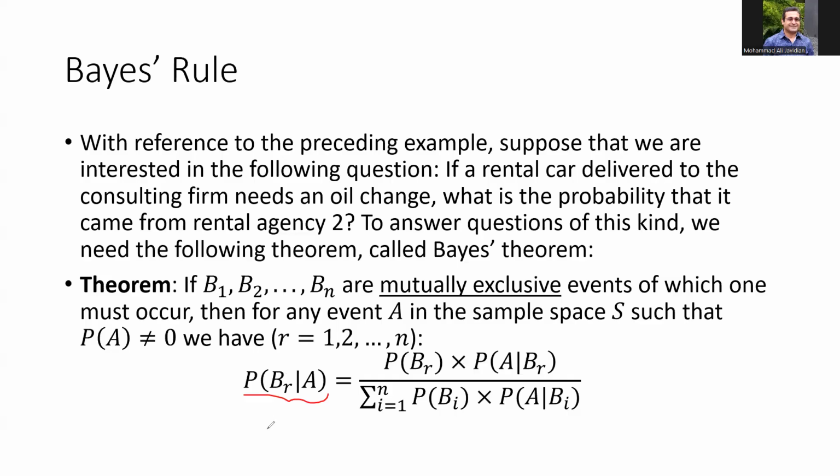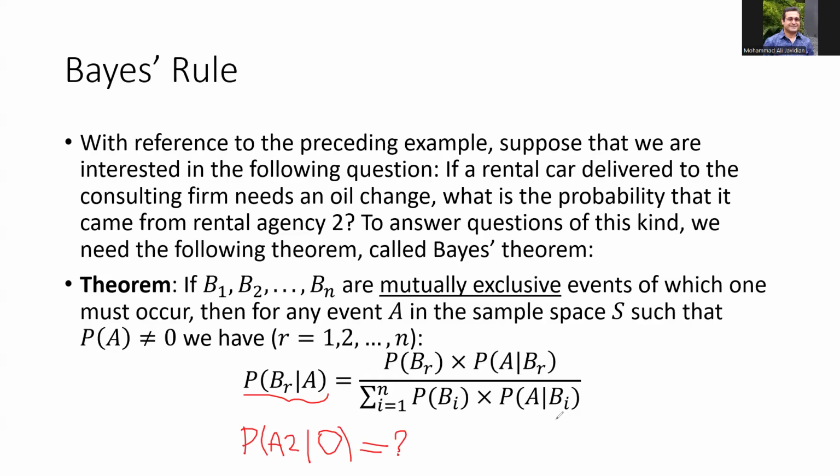So in our example, I'm going to compute the probability that the car belongs to agency 2 if I know that the car needs an oil change. So this kind of probability is called the Bayes rule.